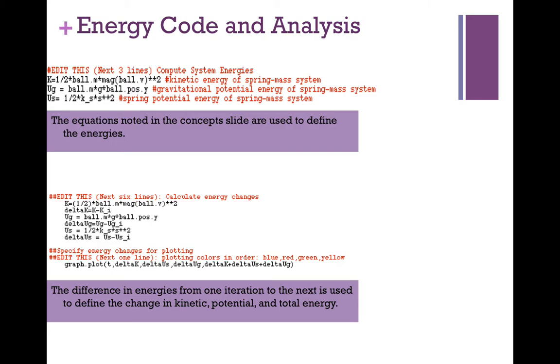And we can find the change in all of those through each iteration. And then we can graph all of these together on one plot. So we have delta K, delta US, delta UG, and then delta K plus delta US plus delta UG, which, if you can guess, is the total energy.